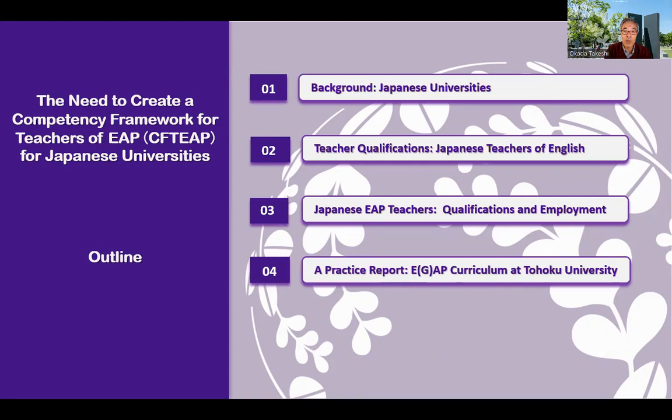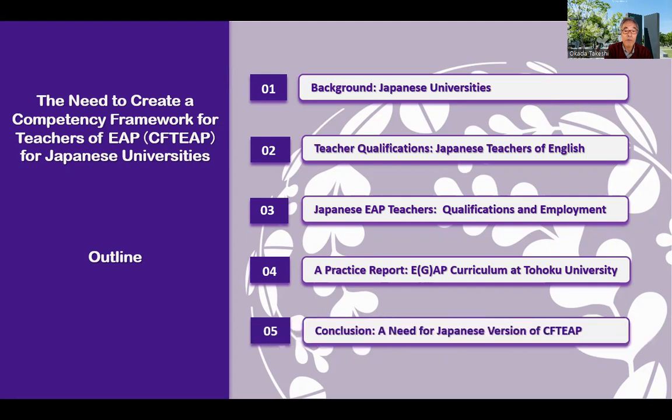I will then show you some examples of EAP teaching practice at my university, Tohoku University, and finally, I will discuss some of the meaningful effects that CFTEAP could have on the Japanese university education system, which has a unique, even idiosyncratic character.